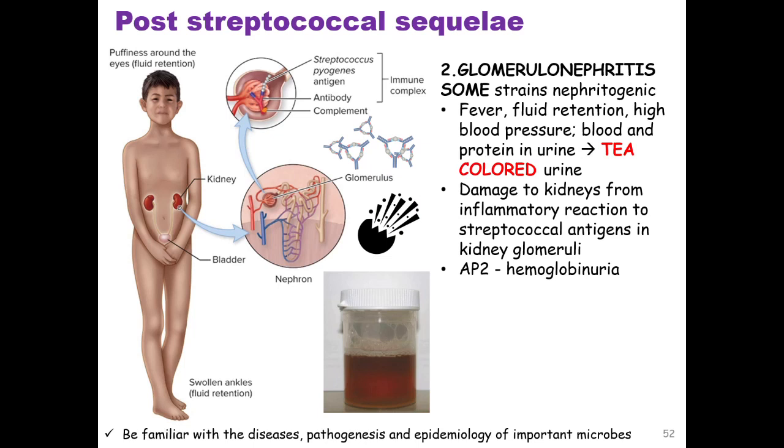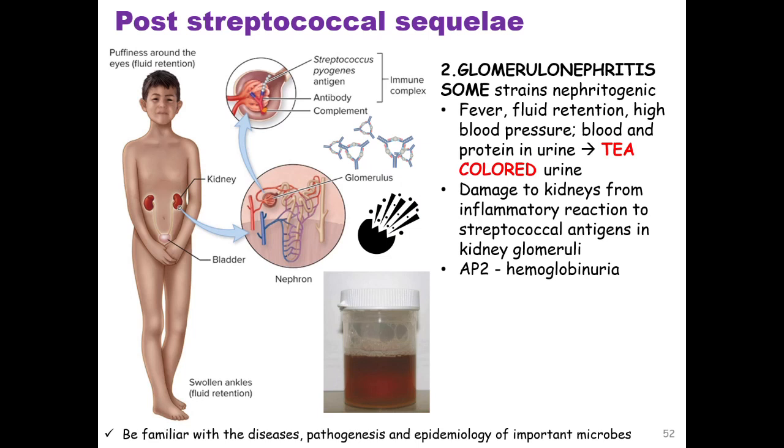Then you can also get glomerulonephritis, and the glomerulus is a little tiny capillary bed in the nephrons of the kidneys. So the nephrons, if you remember your AP2, filters blood and makes urine. So we have antigen-antibody complexes building up and targeting. We get inflammation in the kidneys and damage to that filtration membrane, so we end up with blood in the urine. Usually these are going to be children.